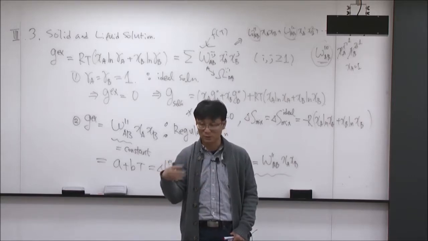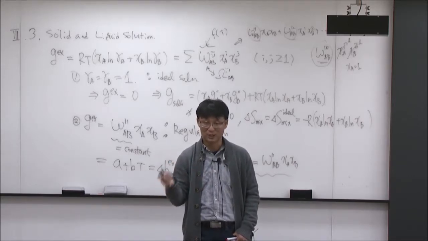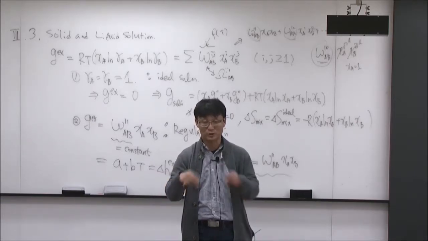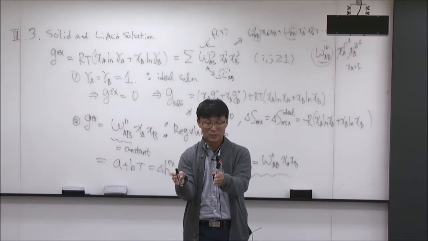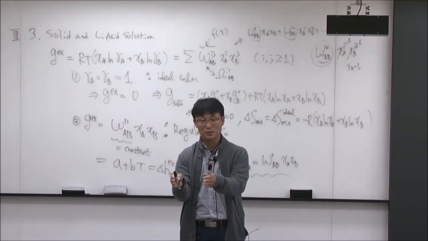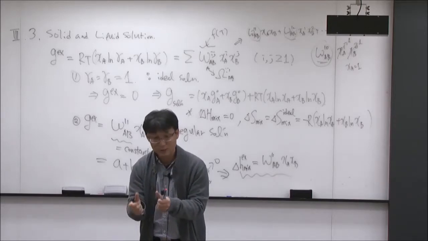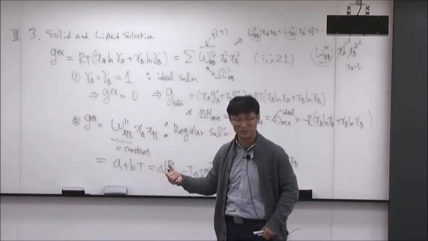That's a random distribution. But now, let's assume that A and B like each other. Then AB want to sit together, yeah? So then the chance to have AB should be higher than the random distribution.